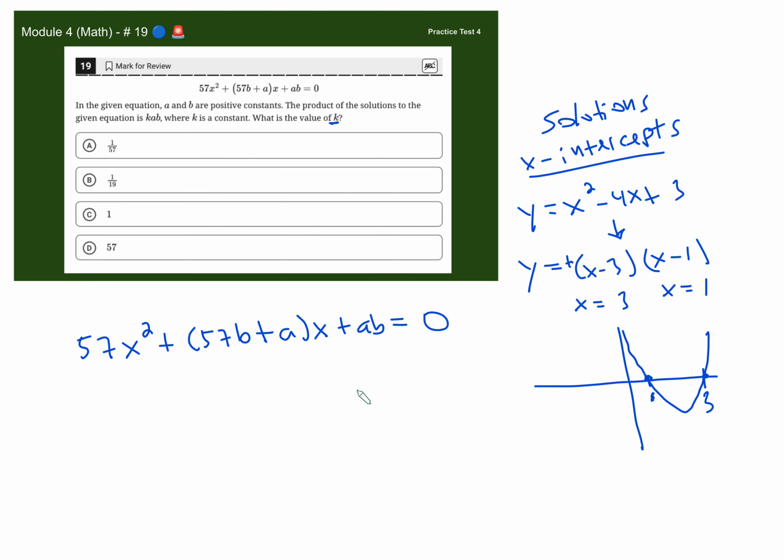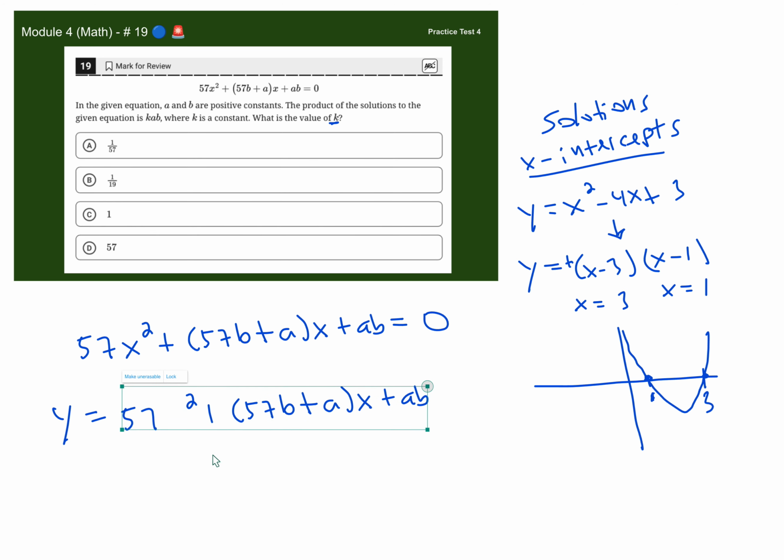What I can do in Desmos is make it look like this kind of equation. After all, when you're solving these, you're basically setting this piece equal to 0 and solving it, and you're getting these solutions. So we'll put this as y equals, copy and paste this, so y equals this stuff right here.